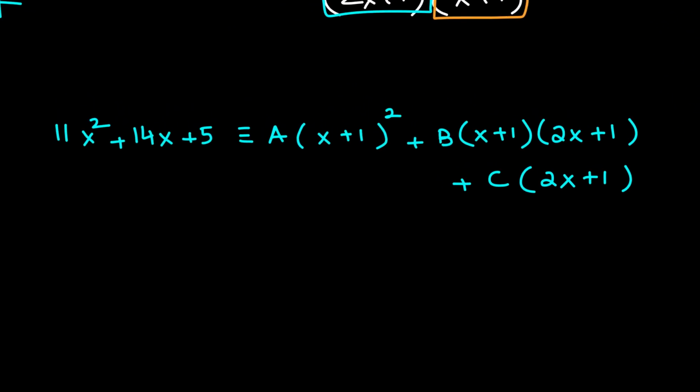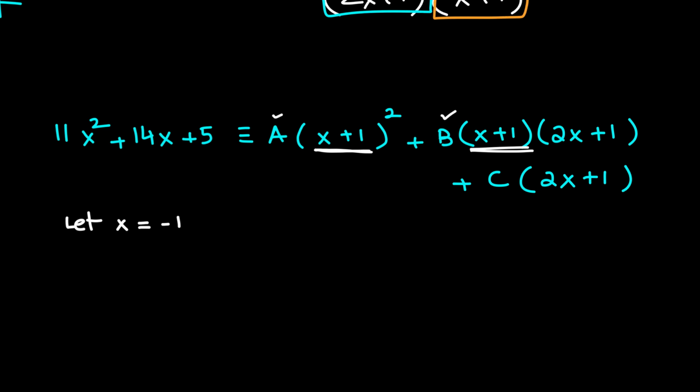For example, let us assume a value, let x equal -1. Why am I choosing -1? Because this bracket will become 0, which in turn will make a 0. This bracket will become 0, which in turn will make b 0. So I'll be comfortably able to find the value of c.